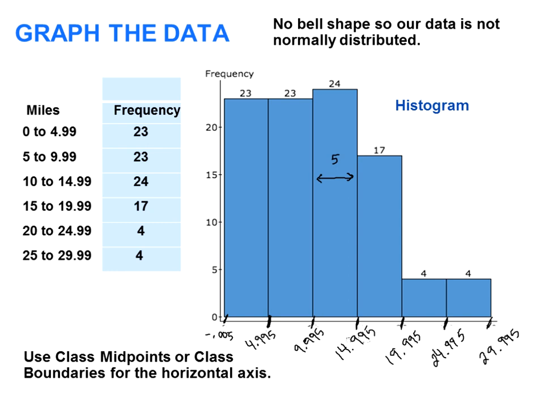That's why we have to start at negative 0.005, because that's what gives me a width of 5. If I start at 0, that's just 4.995, and I need a width of 5. That's called a class width, so your class width here is 5.